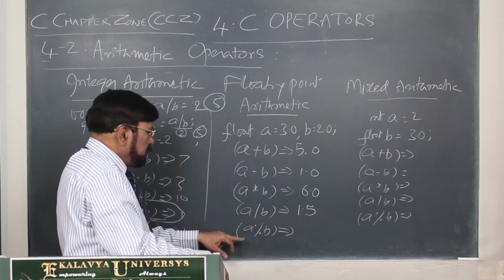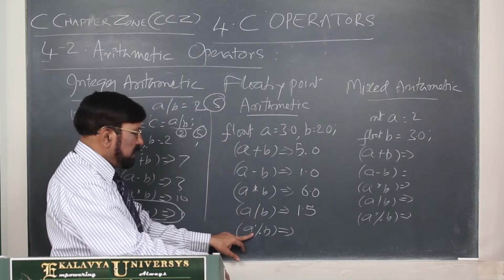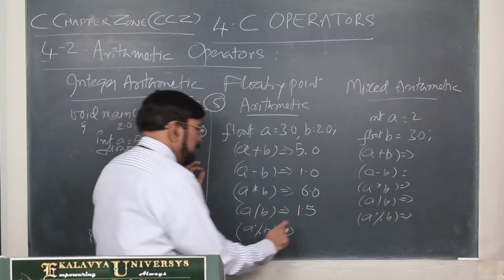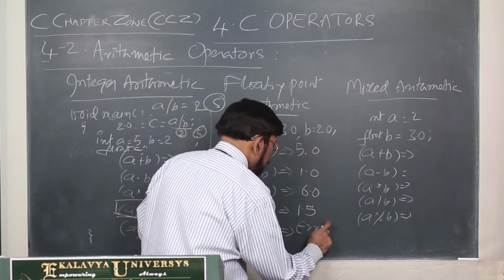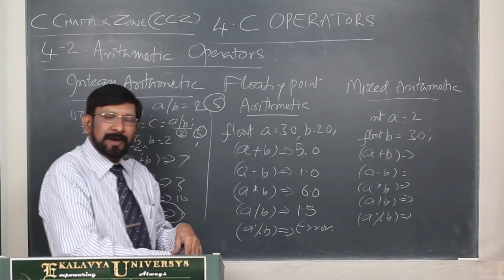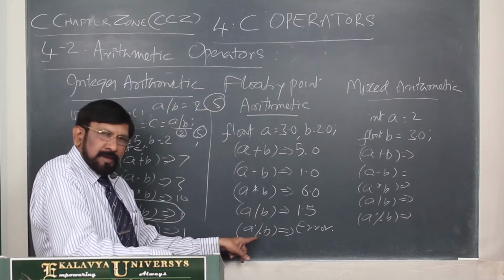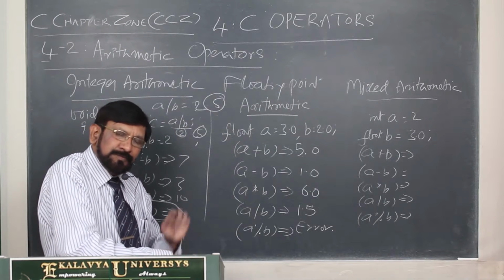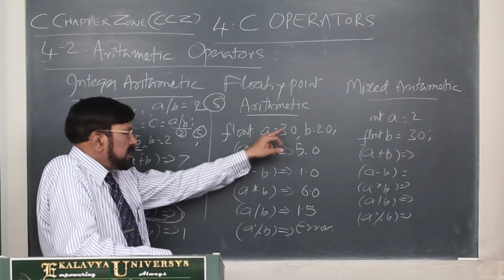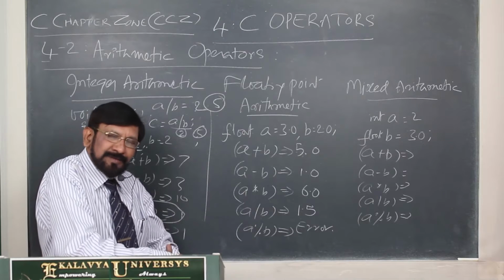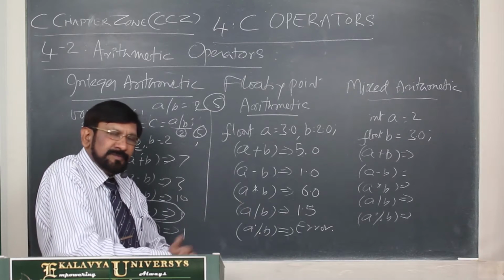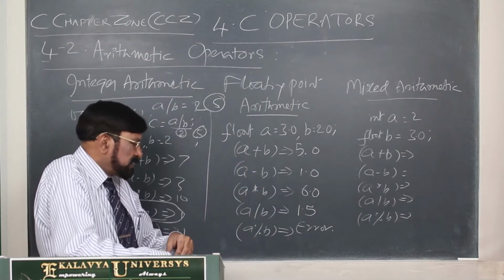A modulus B. Actually, here one thing you must understand. What is the problem here? It is an error. Why error? Already I told you. The modulus operator is a purely integer operator. It cannot act upon floats. That's why the error has come. How can you resolve this problem? You can use the fmod function.